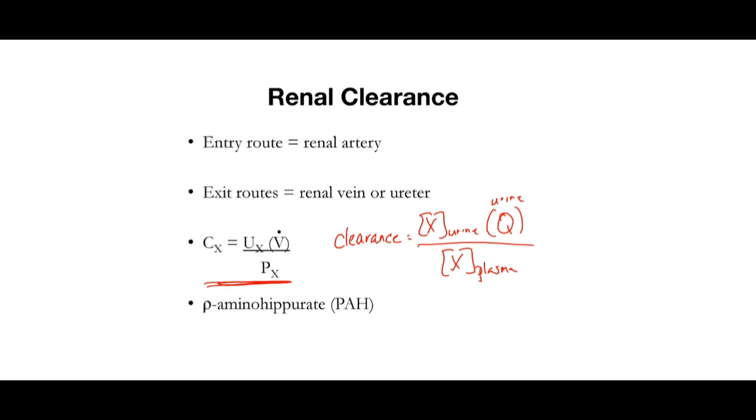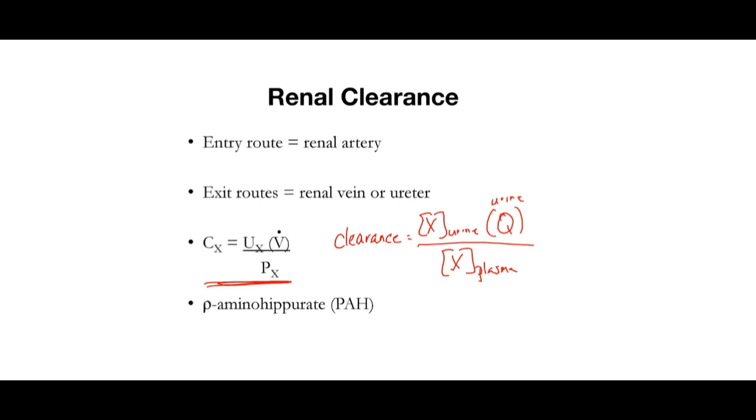No brave souls today. It's okay. We're going to use the artery because, by definition, there shouldn't be anything in that particular volume of plasma on the venous side, because you've completely removed it from that volume of plasma per unit time. Clearance rate is sort of an imaginary volume. It's an imaginary amount.